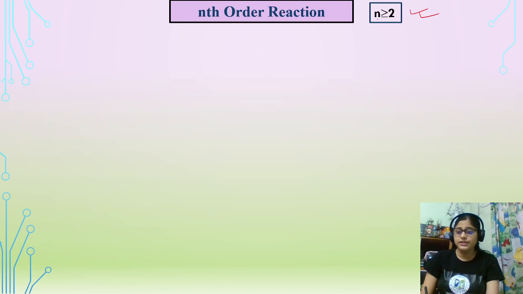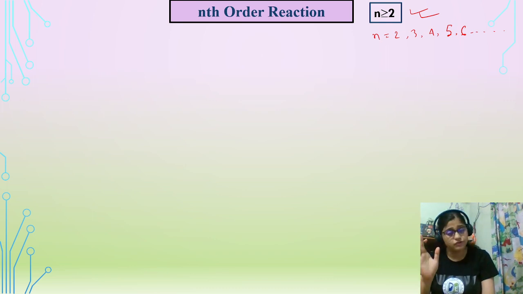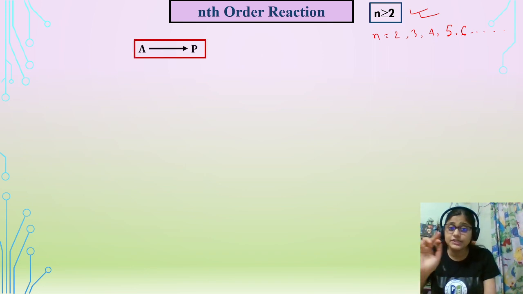Please look into this. It will be valid for n equal to or greater than 2. So n equal to 2, 3, 4, 5, 6, etc. Okay, it will be valid for any value greater than or equal to 2. Clear? The second order reaction we can also derive from this formula.